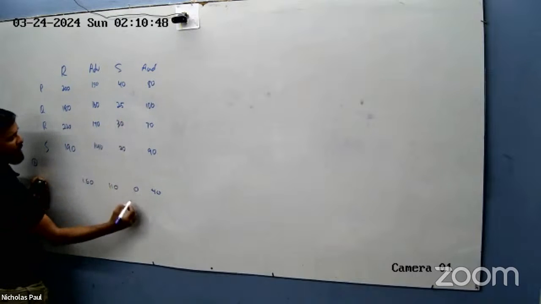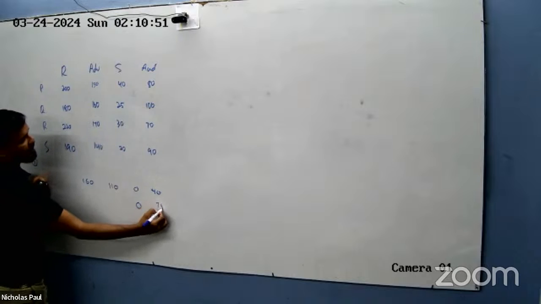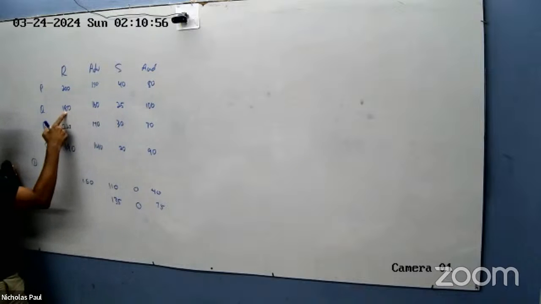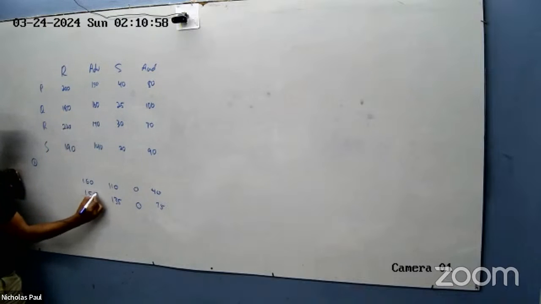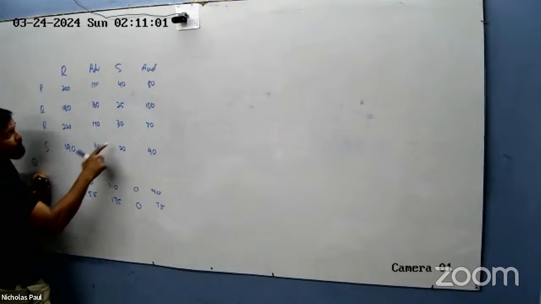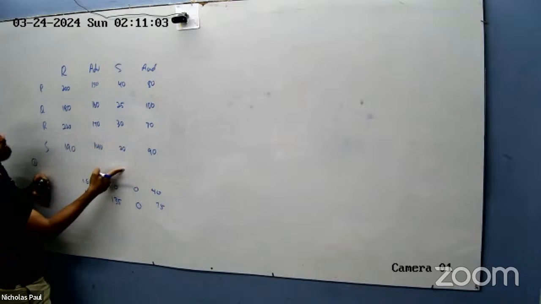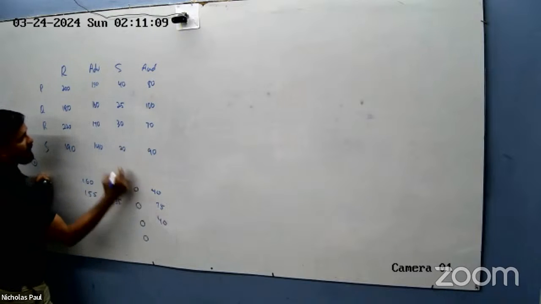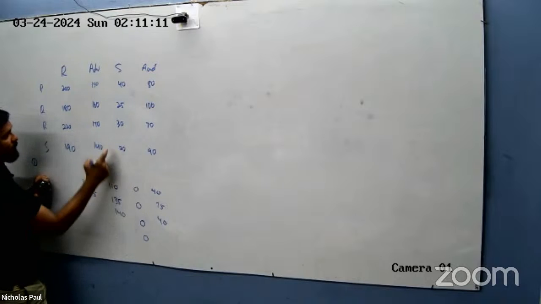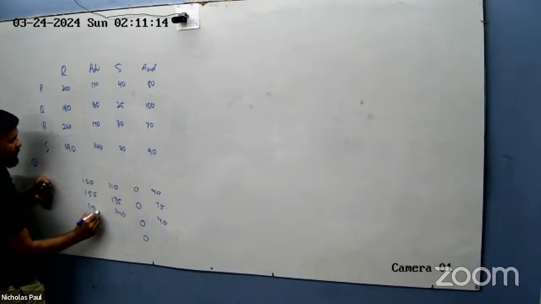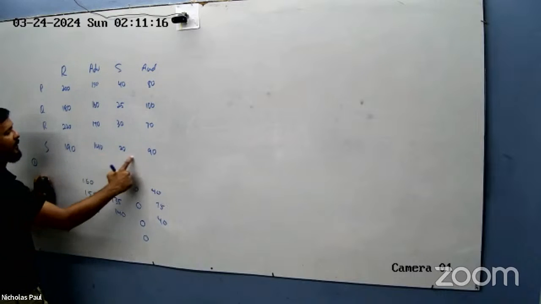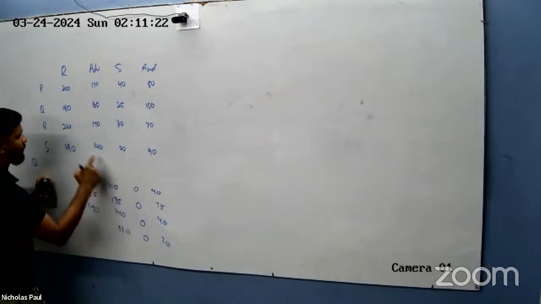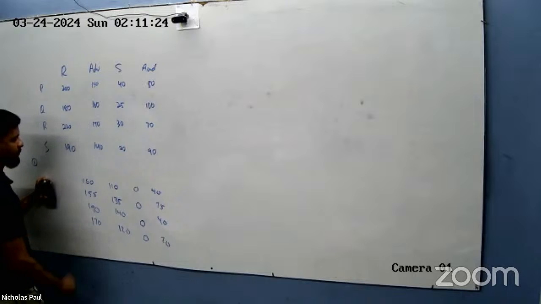Row minimum here, 25. This is 75. This is 135. This is 55. Here is 30. Everything here is 0. Here's 40. Here is 140. Here is 190. And then here now, here is 70. Here is 120. Here is 170.